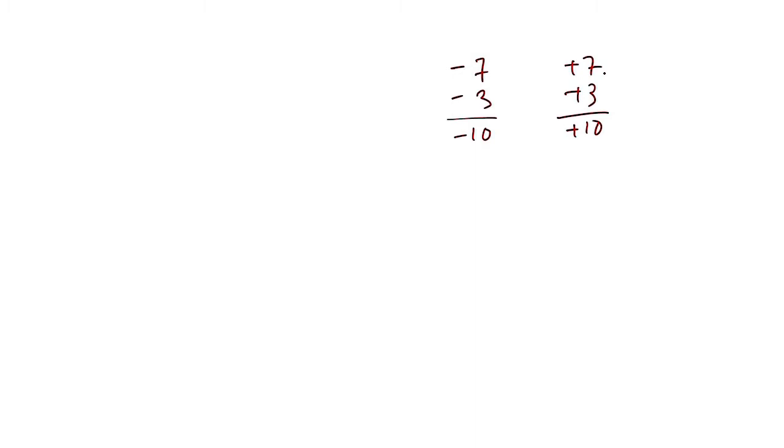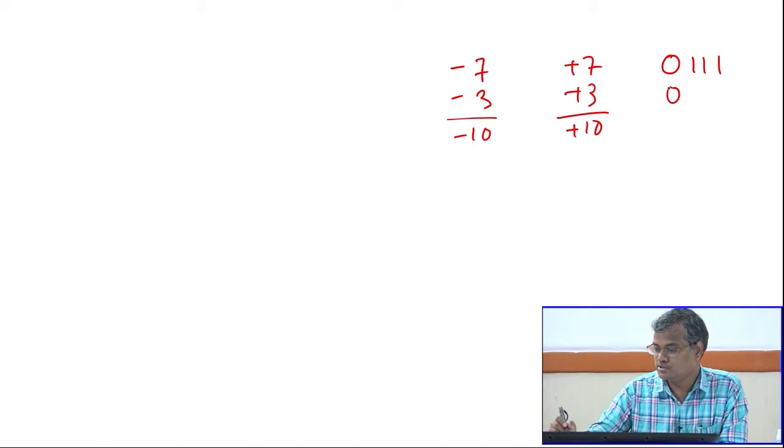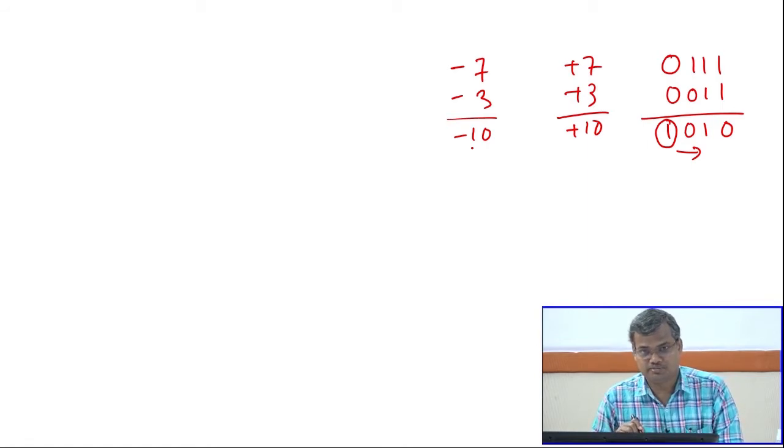Now, if we represent plus 7 as 0 1 1 1 and plus 3 as 0 0 1 1, you add it and get 1 0 1 0. As you can see, one is coming as a negative number and this is coming as a positive number when it should be the opposite. So, if the result is within the range, then it will be correct, otherwise there is something called overflow and underflow.